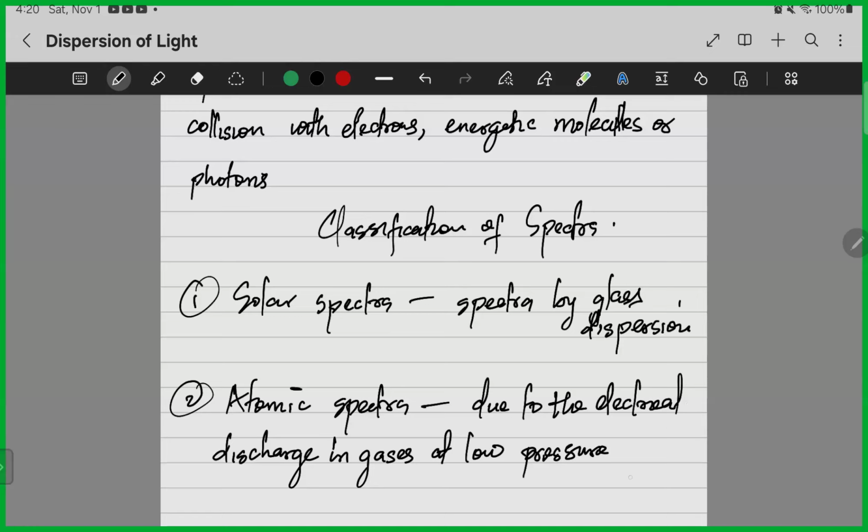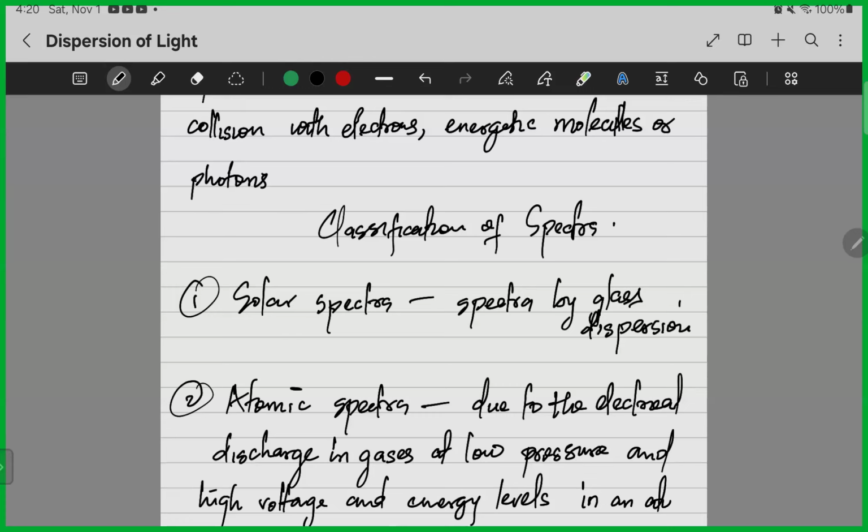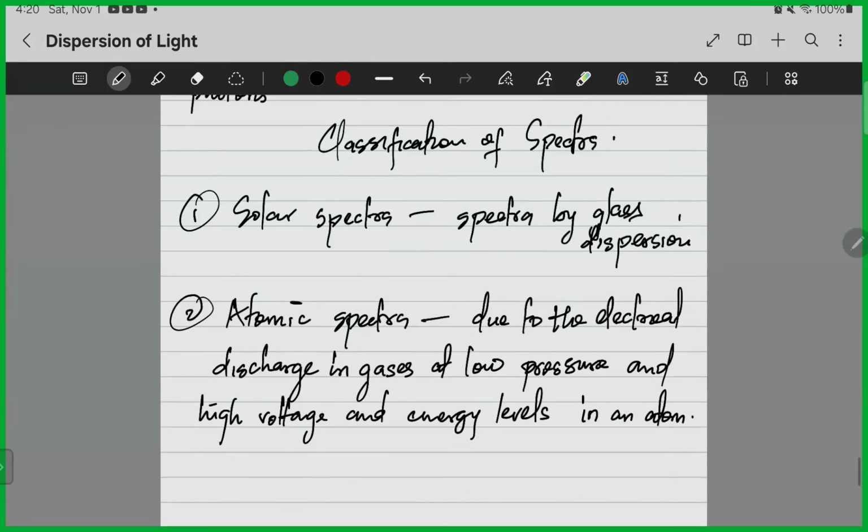Due to electrical discharge in gases at low pressure and high voltage and energy levels in an atom. Take note of that. I'm going to read it later.